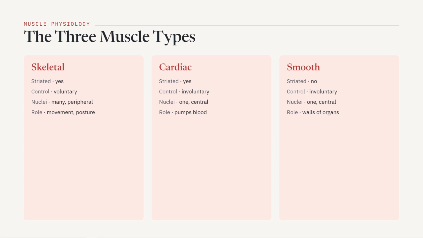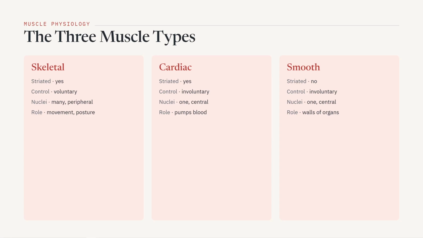Quick orientation before the detail. There are three muscle types, and they differ along a few axes. Skeletal muscle is striated. It has that banded appearance under the microscope. It's under voluntary control. Its cells have many nuclei pushed to the edge, and it moves the skeleton and maintains posture. Cardiac muscle is also striated, but involuntary, with typically one central nucleus per cell, and it pumps blood.